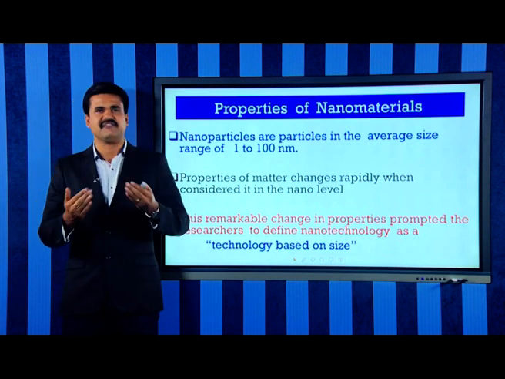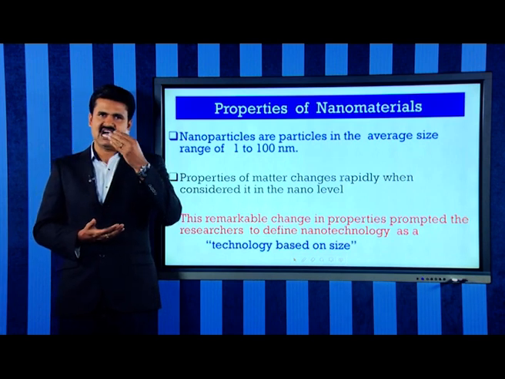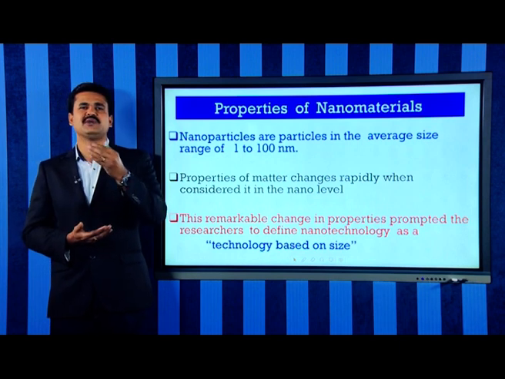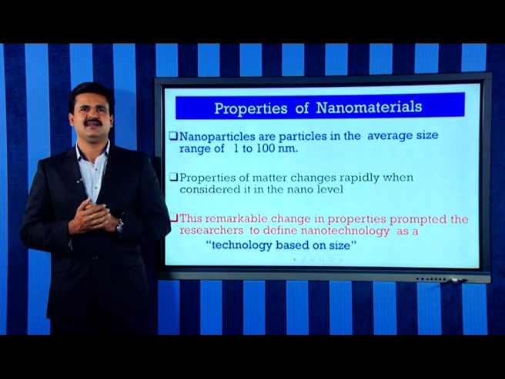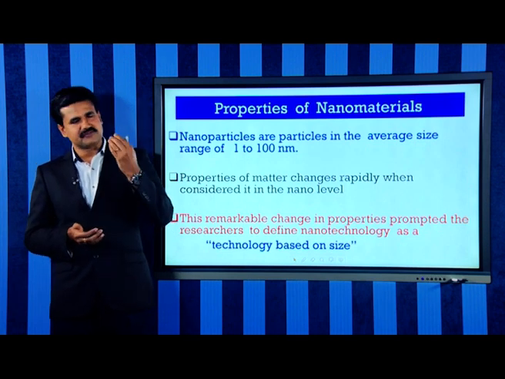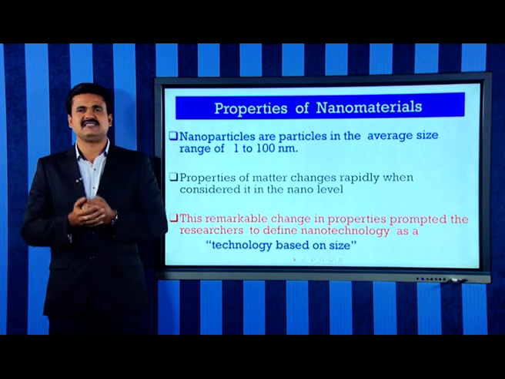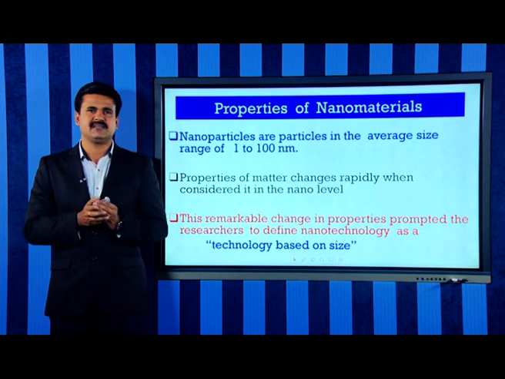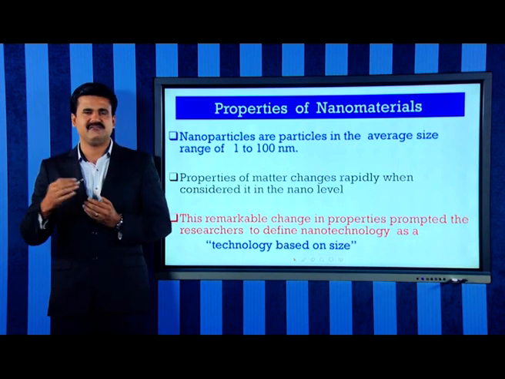And we are all aware that nanoparticles have an average size range between 1 to 100 nanometer. And it should be noted that the properties, either physical or chemical, of a bulk material change drastically, change abruptly, when we consider the same bulk material at the nano level.